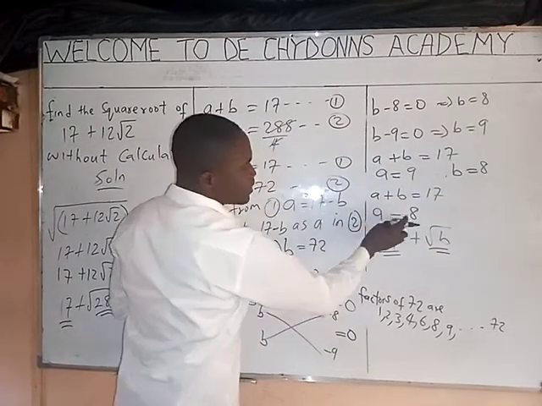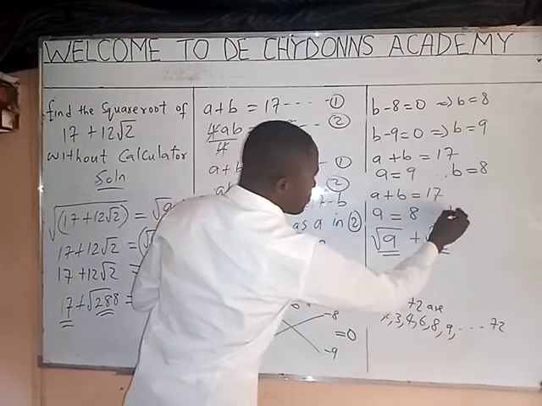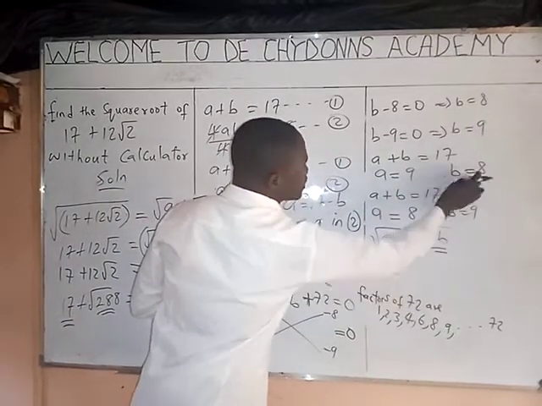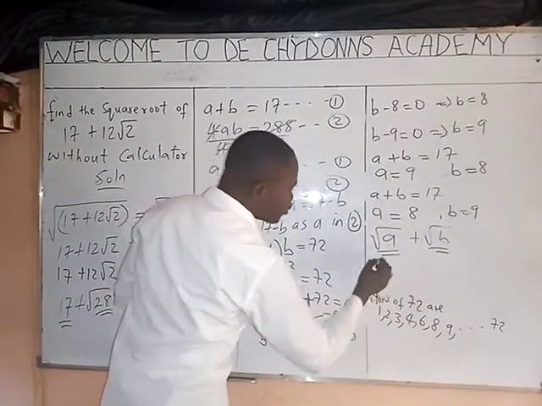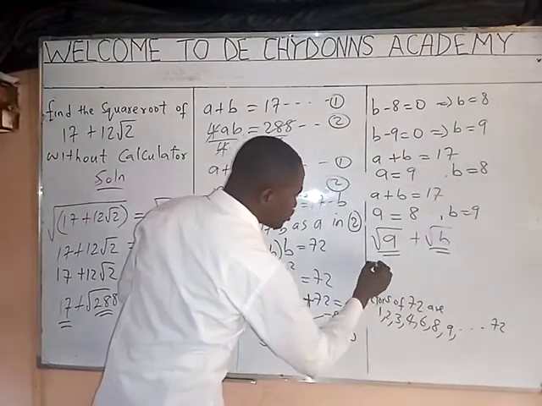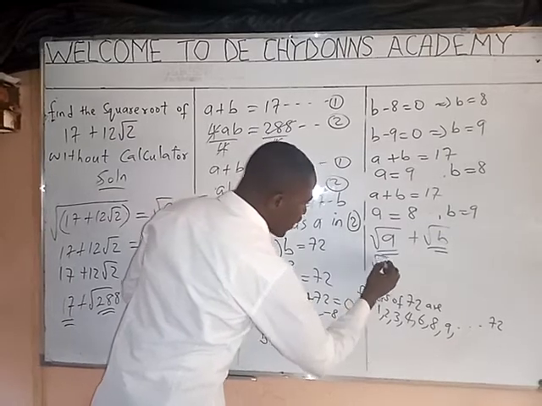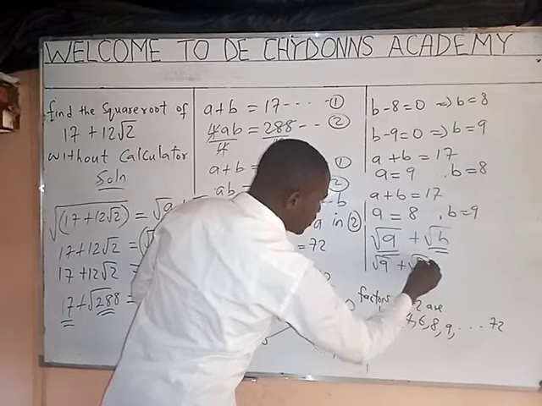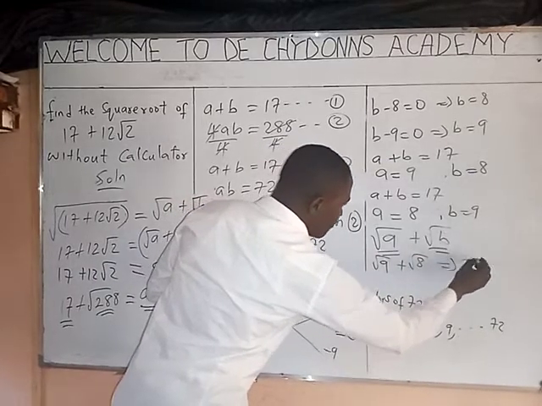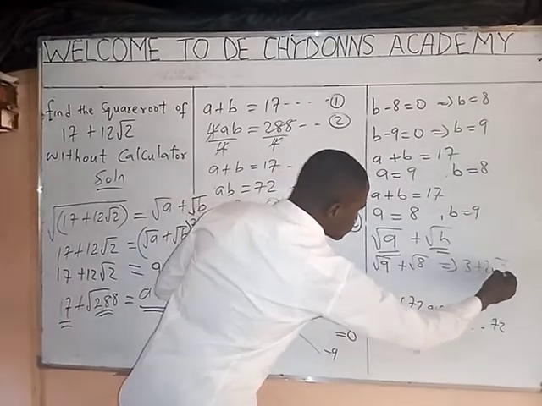When you say that a is 8, b will be equal to 9. Any of these two can be put. Put 9 here as your a. It will give you that square root of 9 plus square root of 8. That will give you 3 plus 2 surd 2.